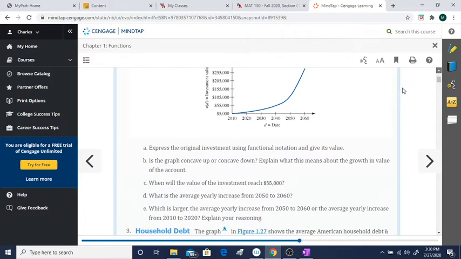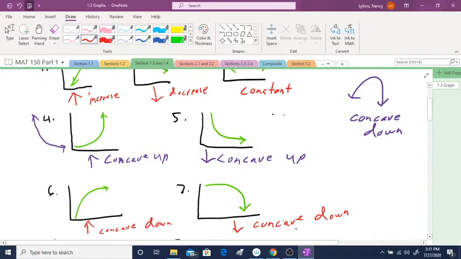What's the average increase of 2050 and 2060? And finally, which one has the largest average yearly increase between two 10-year or decade spans, 2050 to 2060 or 2010 to 2020, and explain your reasoning. Okay, so this is the investment one.